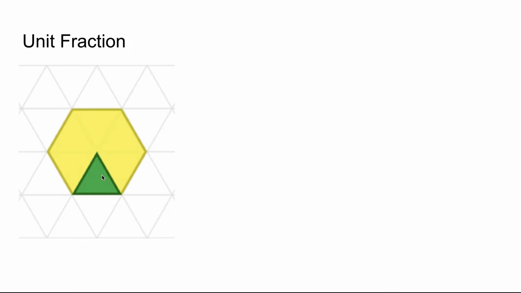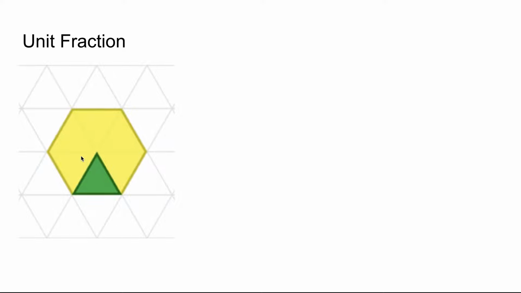Okay, so we will do a little bit more unit fraction here. If we are looking at that green triangle in this hexagon, we're going to see how many triangles we can make in this hexagon. We can say here's 1, 2, 3, 4, 5, 6 as total. They are exactly the same size.